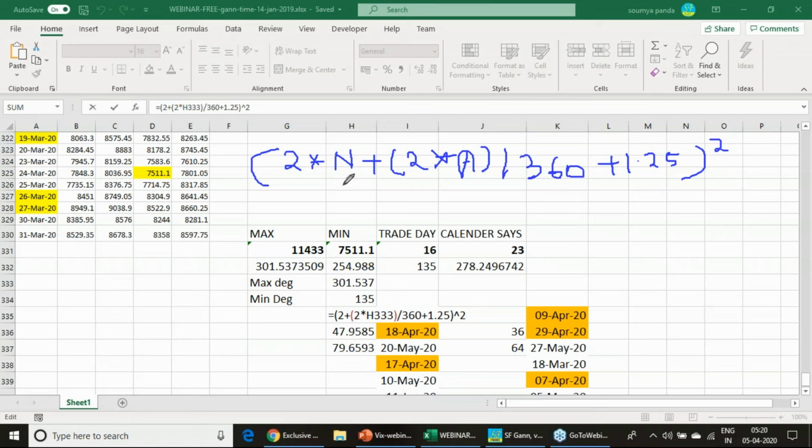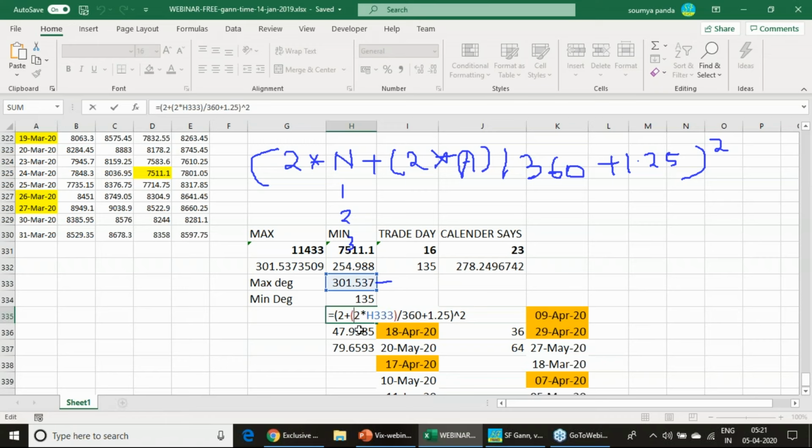Here n represents 1, 2, 3, so 3 numbers are required. Initially n is 1, so you are getting the first number. So the first number in the maximum degree, meaning in the 301-degree trend line, you are finding out.